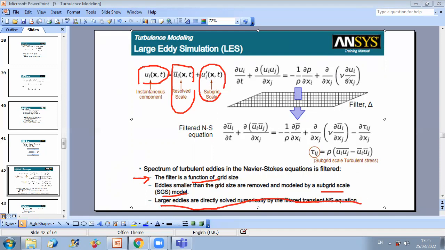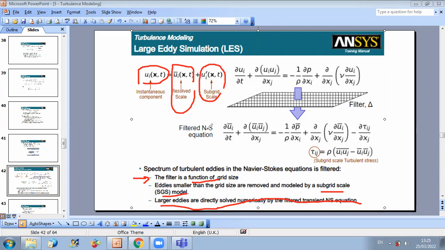This means that we choose eddies that can be resolved with direct numerical simulation, and other small-size eddies, which are more complex and for which we cannot find a direct numerical solution, we solve by combining direct numerical simulation performed on large eddies with any of the turbulence models developed before for small eddy scales. So this is the idea of a large eddy simulation.